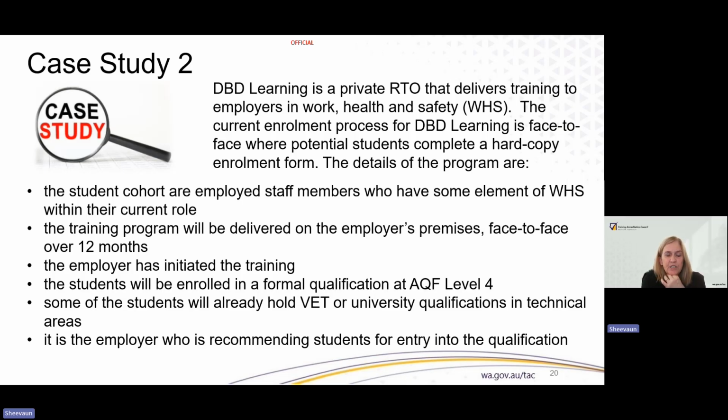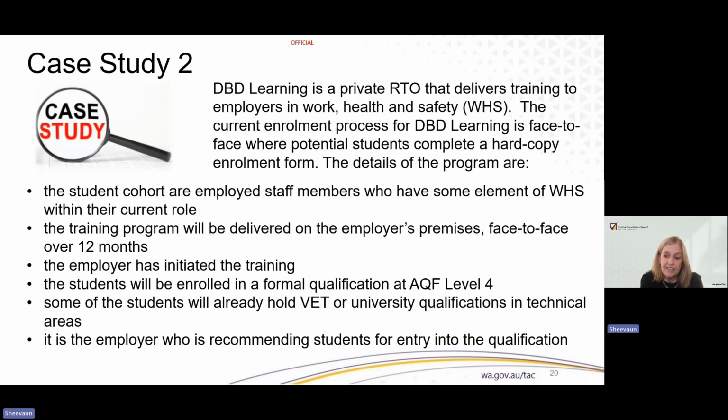The program details: the student cohort are employed, so that's useful to know, and they have some element of WHS within the role. In terms of skills, I'm already thinking, yep, they've probably already got some skills that could be useful for this course. The training program will be delivered on the employer's premises, face-to-face over 12 months. So I now know it's also a 12-month program.